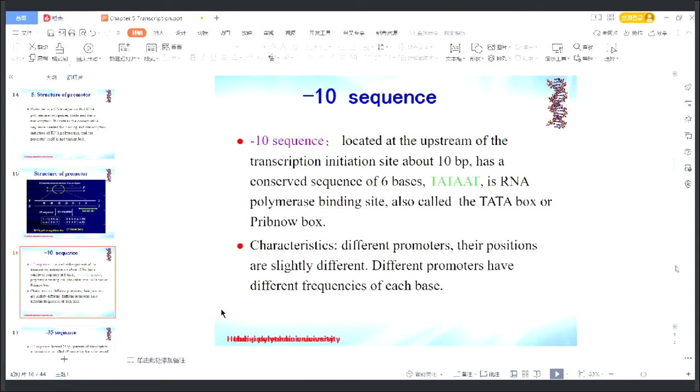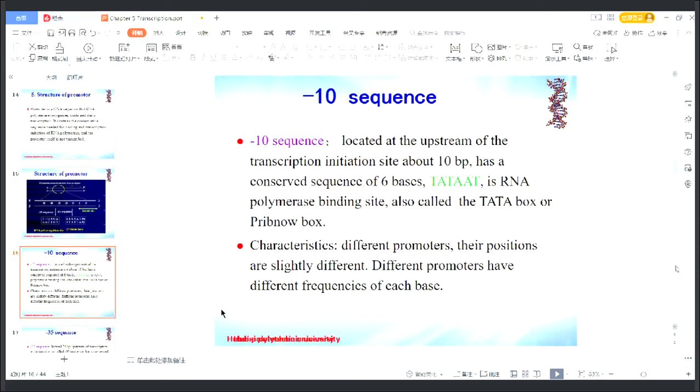Here, you can say different promoters have slightly different positions. Maybe before by 2 nucleotides, maybe down to the positive 1 point. Different promoters have different frequencies of each base.